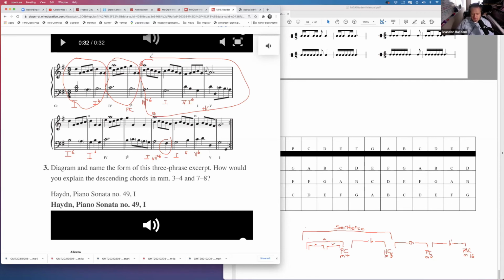Do you remember what the definition of X is in a sentence? It's a musical idea. And its variant. So the variant gets ornamented.